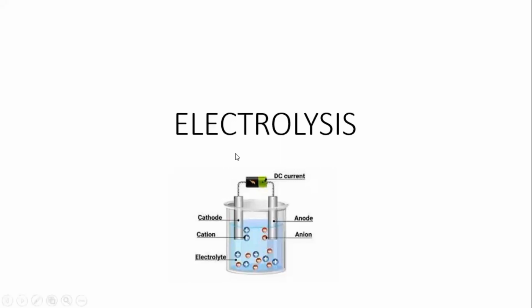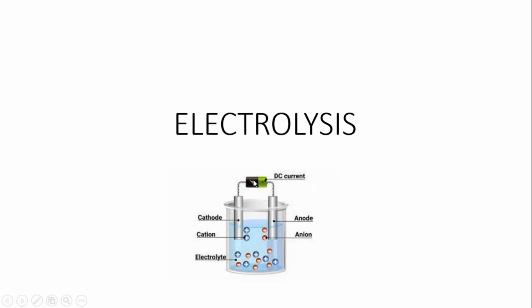Now what happens here is that this is the electrolyte. This is the solution. And here is the direct current source. And this is the cathode, which is the negatively charged electrode. And here is the anode, the positively charged electrode.